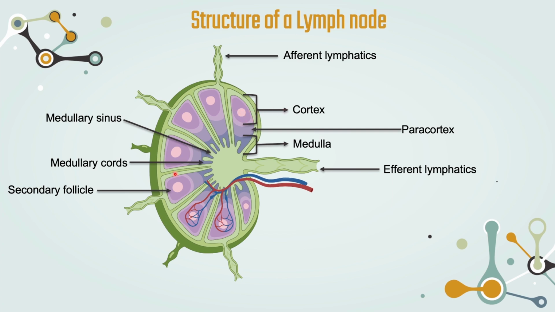So these are follicles, all right? Now this is a secondary follicle. I have not shown primary follicle in this image, but the difference between secondary follicle and primary follicle is that secondary follicles are the active ones, and primary follicles are inactive. The secondary follicle has this pale germinal center. Can you see this pale part, right?